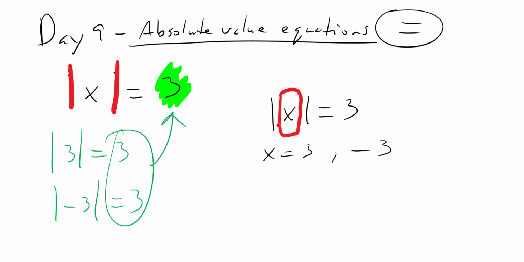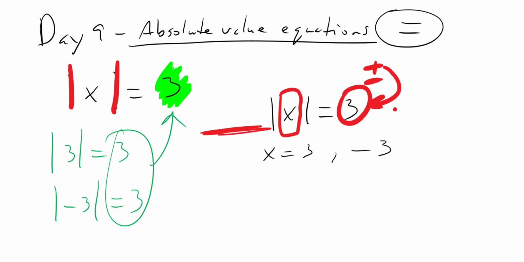When I say it's isolated, that means there's nothing outside of the absolute value at all. We're going to get to more complicated problems where there is, and you've got to get rid of it. But once the absolute value is isolated, that's all you do, and then you solve. There's a lot of solving involved here.